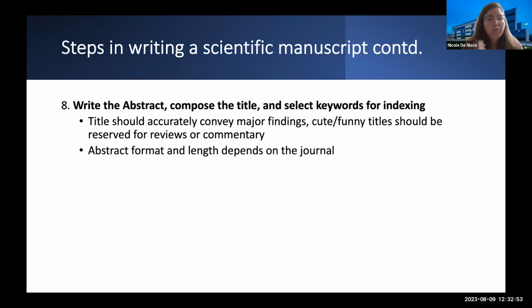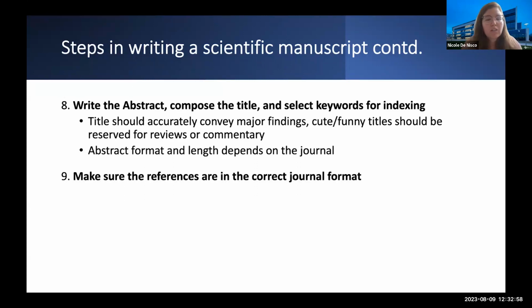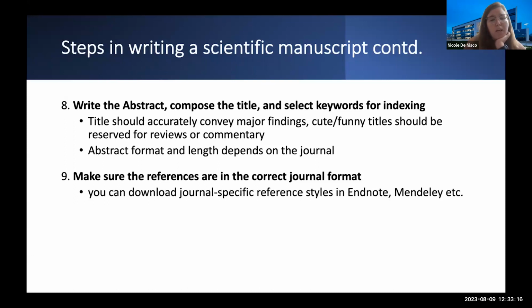And so abstract format and length depends on the journal. Again, medical journals and clinical journals will have a formatted abstract with defined sections, and then usually basic science journals will just have a single paragraph of around 250 words or something like that. And so then I go and make sure the references are in the correct journal format.